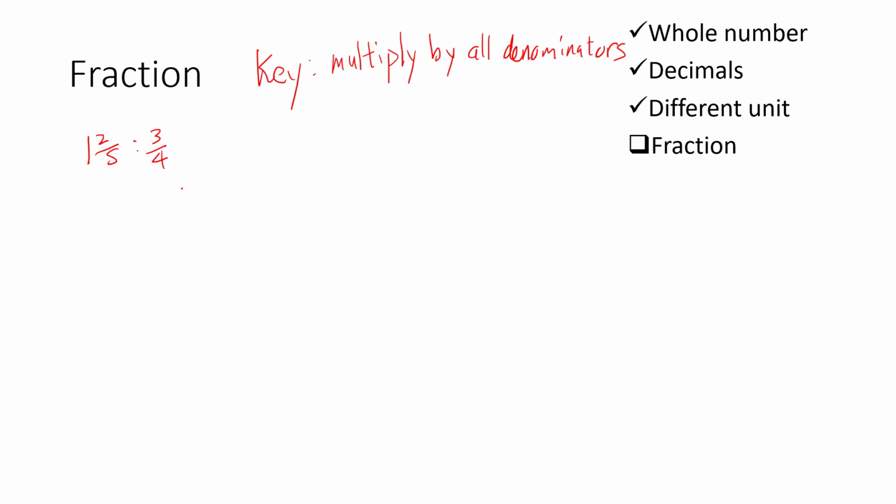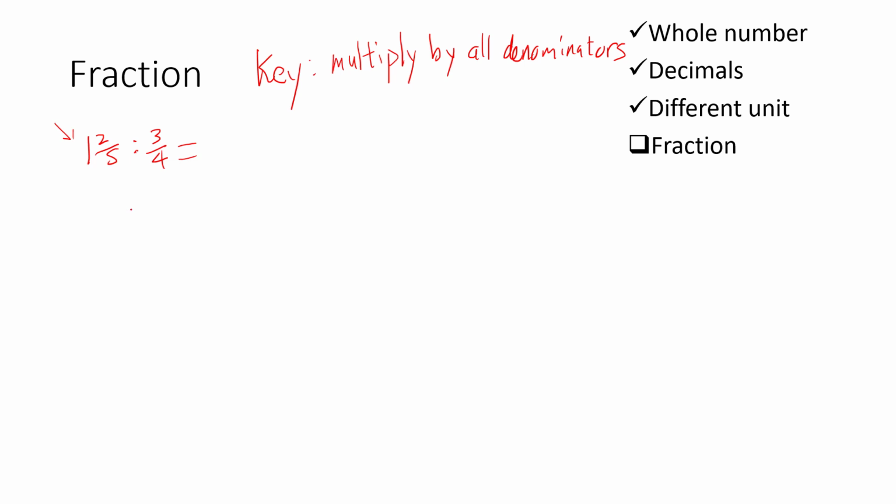Typically, the idea here is just to multiply by the lowest common multiple. But let's try this out by multiplying by all the denominators. So you have two terms down here. If we look at this, what must you multiply to 1 and 2/5 to make it a whole number?